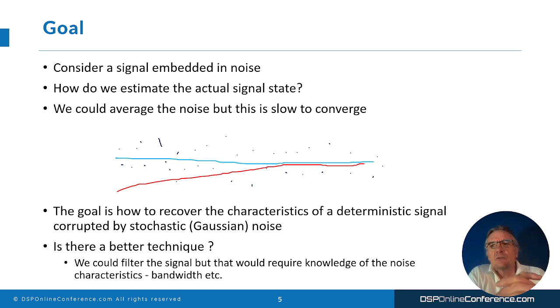So how can we design an algorithm that gives us a much faster convergence, particularly in a system where the signal is corrupted by stochastic or Gaussian noise? This is where the Kalman filter comes in.